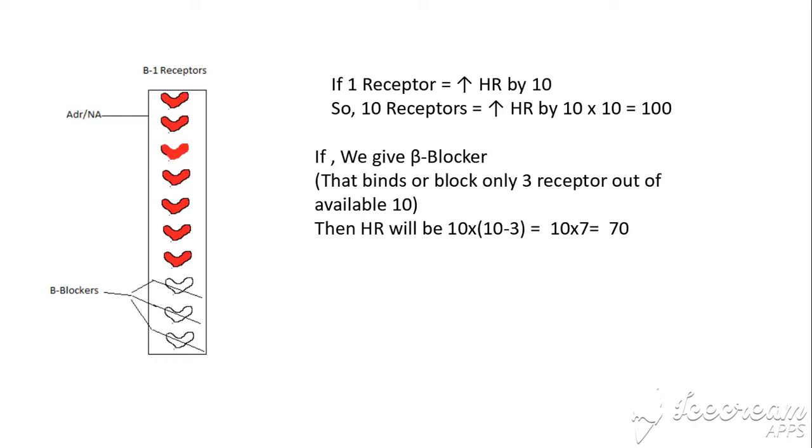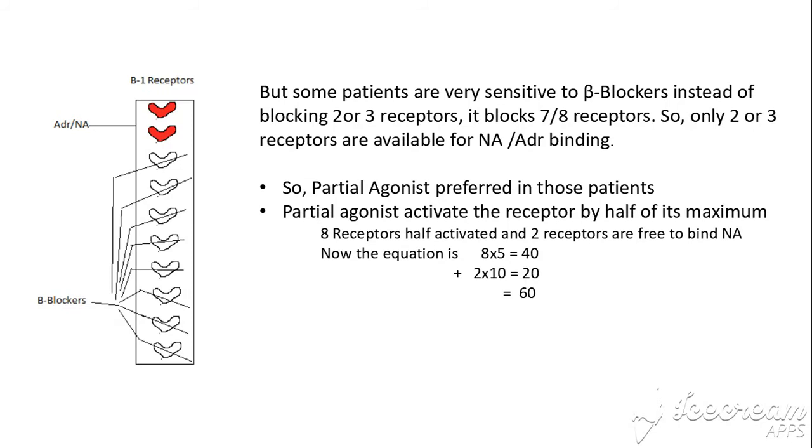But some patients are very sensitive to beta blockers. Instead of blocking 2 or 3 receptors, it blocks 7 or 8 receptors. So only 2 or 3 receptors are available for noradrenaline or adrenaline binding.